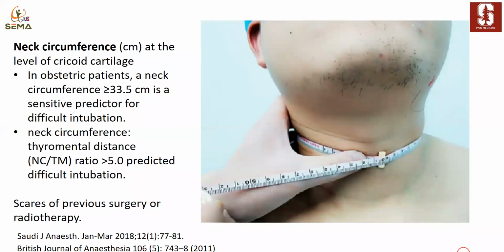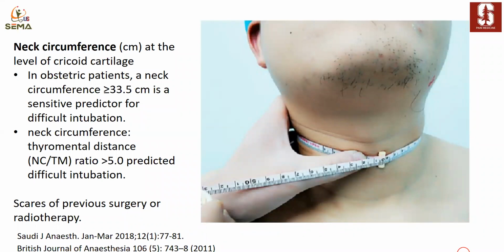Then next, here we have the neck circumference. Basically, this is measuring the neck circumference at the level of the cricoid cartilage. You will see in the literature there are multiple cutoff points, like this reference, for example, mentioned 33 centimeters. I've seen another reference, 37.